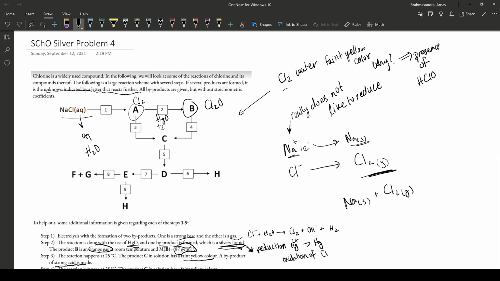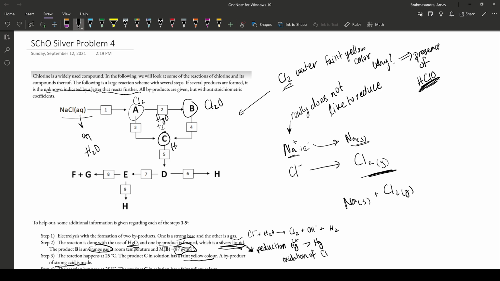When we have chlorine water, the chlorine reacts with the water to form hypochlorous acid, and this is what gives the water a faint yellow color. You might not have known this trivia. Otherwise, you can guess HClO or something of that sort.